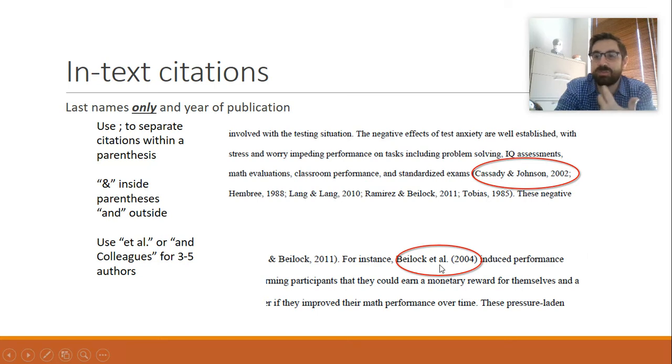So et al. just means and others in Latin, et alia. So this just means Bylock and others, 2004, in parentheses, induced performance pressure, blah, blah, blah. Okay, so in this case, because there's 3 or more authors, I just include the first author's last name and et al.